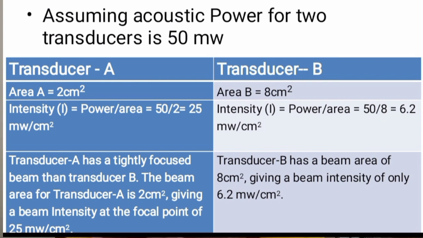So what's the power? 50 mW divided by 2, which is the area, will give us 25 milliwatts over centimeter squared.